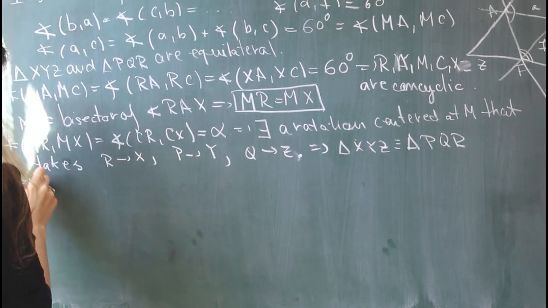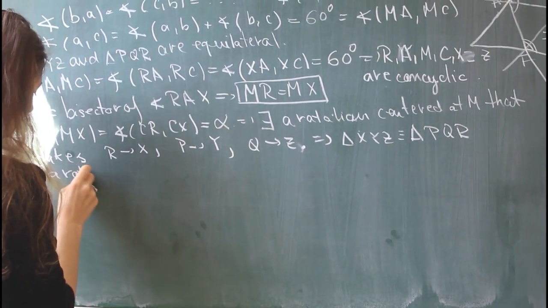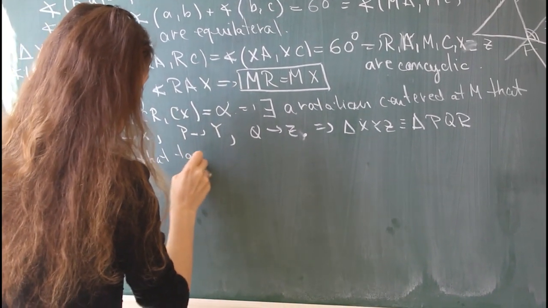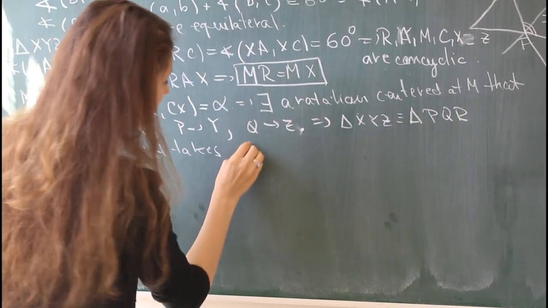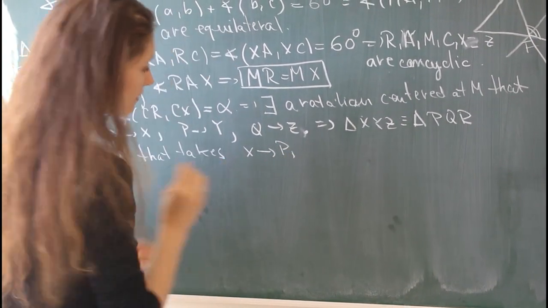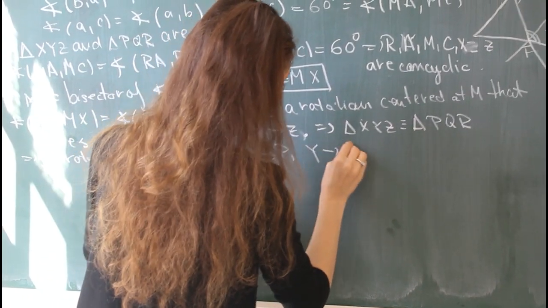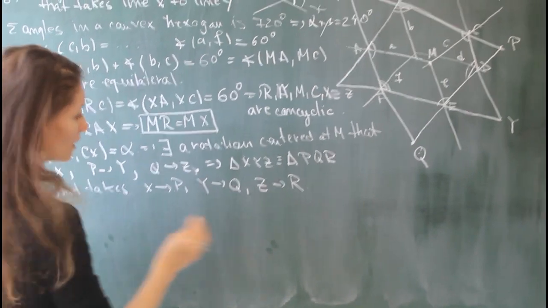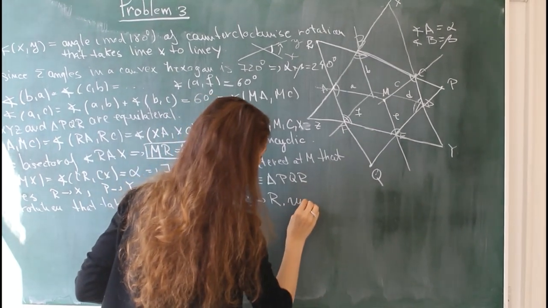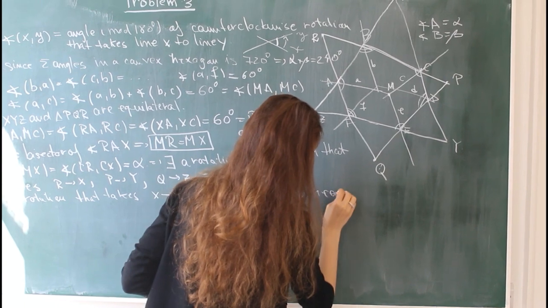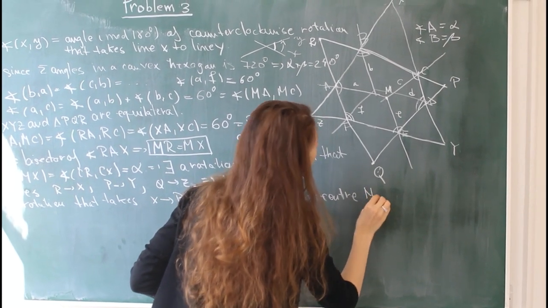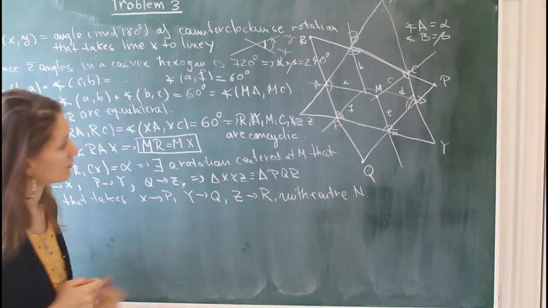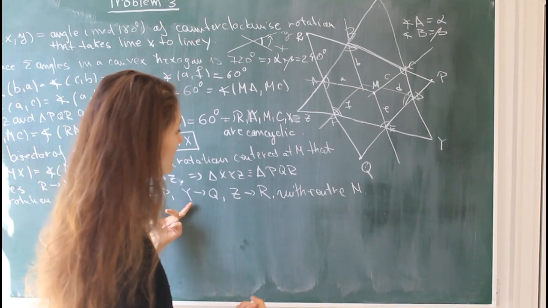In particular, there exists a rotation that takes X to P, Y to Q, Z to R, with center N. So we have another rotation, defined by these mappings, and it has center N.